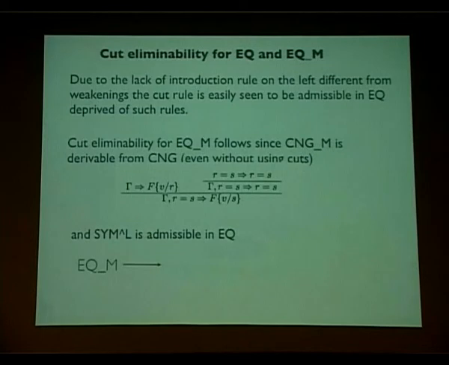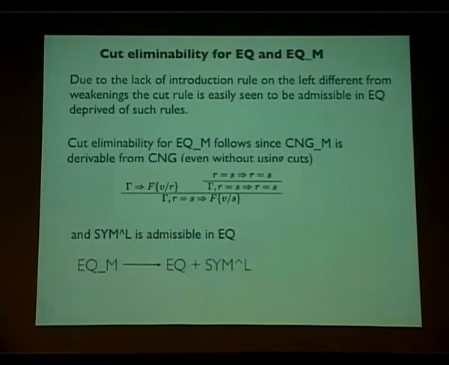You take a derivation in this system, then you can translate it into a derivation in EQ plus sim L, the monic system, because the rule here is derivable even without cut from the natural deduction rule. Okay.